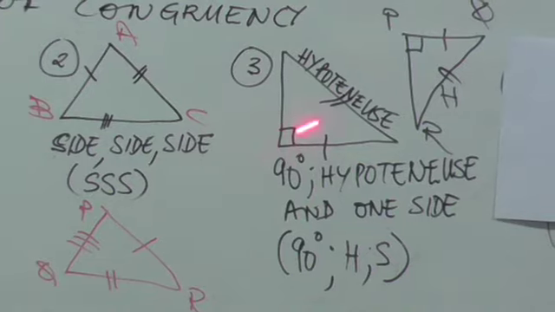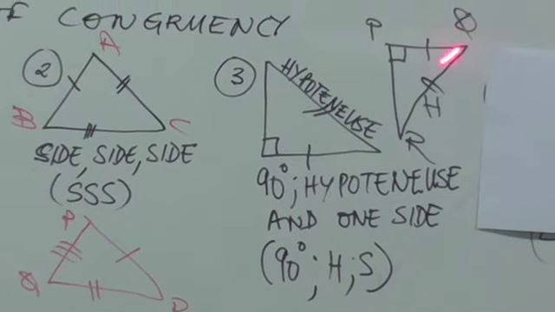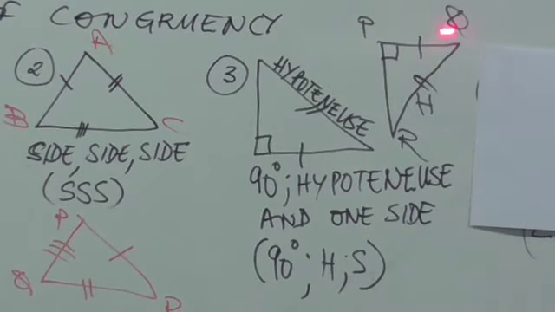If you see 90, 90, hypotenuse marked with 2, hypotenuse marked with 2, one side marked with one stroke, one side marked with one stroke, then these two triangles are congruent. This is the case of 90 degrees, hypotenuse and one side. So that's the third case.